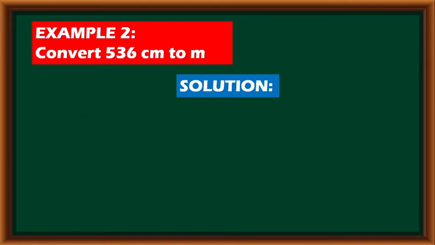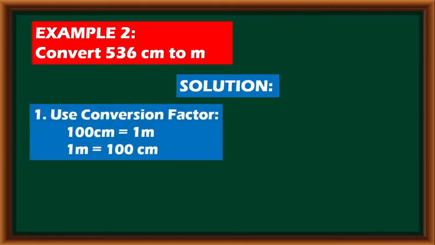The first thing to do is, you're going to compare centimeter to meter. Which one is greater? Which one is lesser? Since the given unit centimeter is smaller than meter, this will be your initial answer, that your final answer later should be smaller than 536.